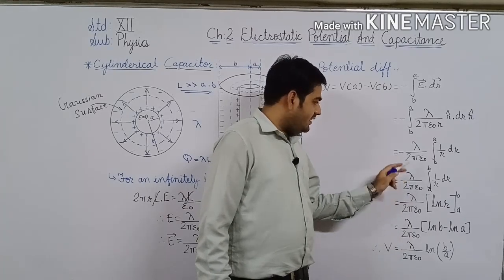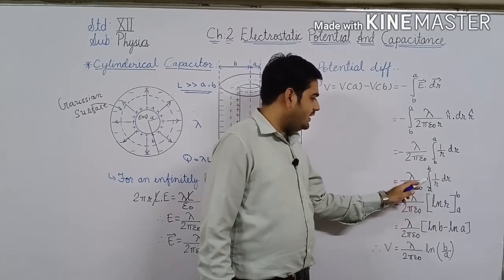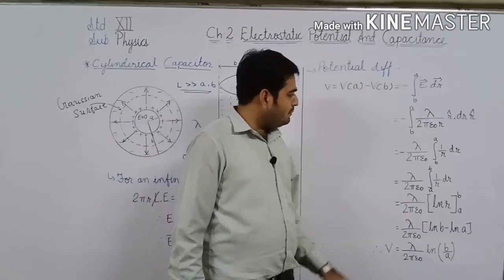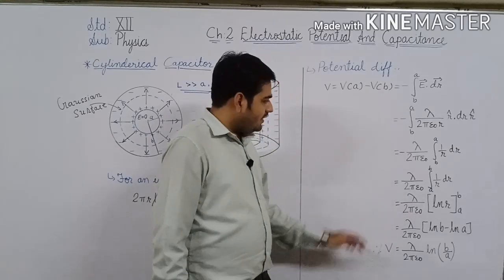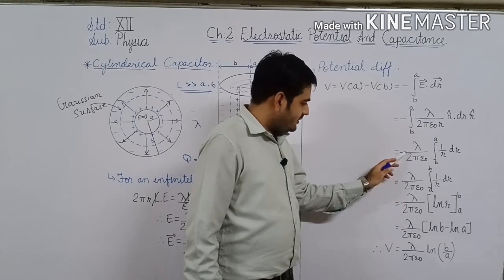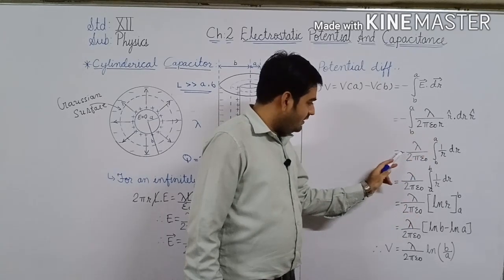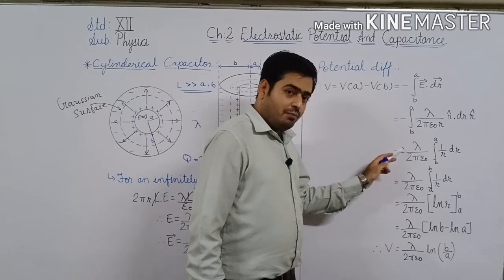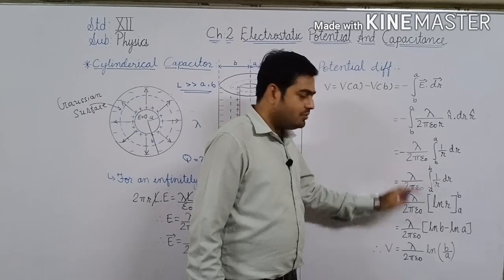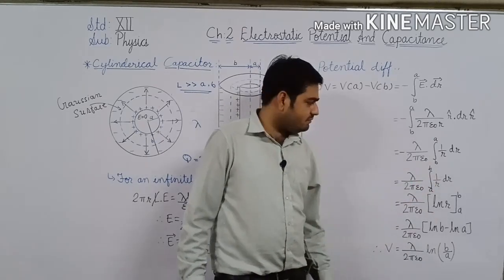Now this term can be written as lambda upon 2 pi epsilon naught integration a to b 1 upon r dr. Now you will ask, sir, where did the minus go? When we remove the minus, the limit changes. Here the limit is from b to a, and when we remove the negative sign, we have to change the limit, so it is from a to b, 1 upon r dr.